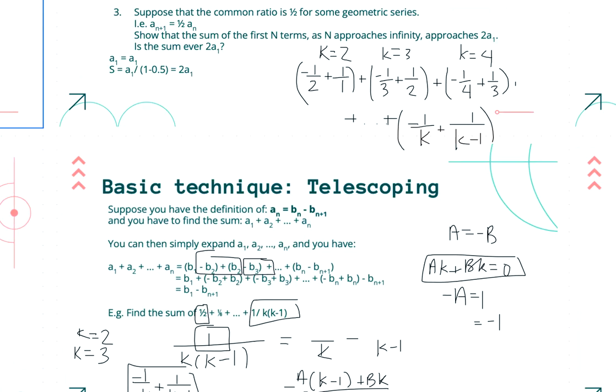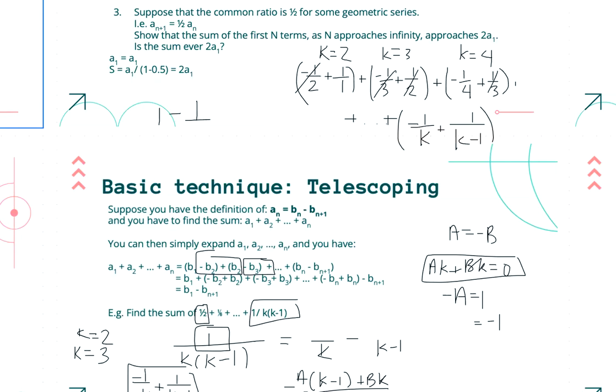Because we're able to split up each of these fractions into 2 different fractions, we can see that a lot of these components are going to cancel out. So you get the negative 1/2 canceling out with this one, the negative 1/3 canceling out with this one, and the negative 1/4 will also cancel with a term later on. So then what we end up getting is the terms that don't cancel, which would just be 1, and then negative 1/k.